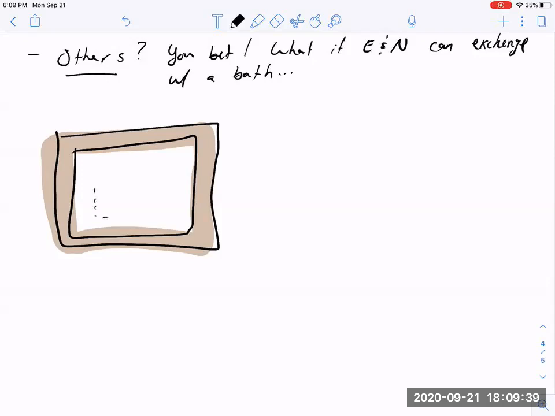Within that box, however, we can pick out a region we're going to focus on, call that the system. The surrounding part we'll call the bath, and let's imagine that the way that the system and bath interact is through the exchange of energy and number of particles.